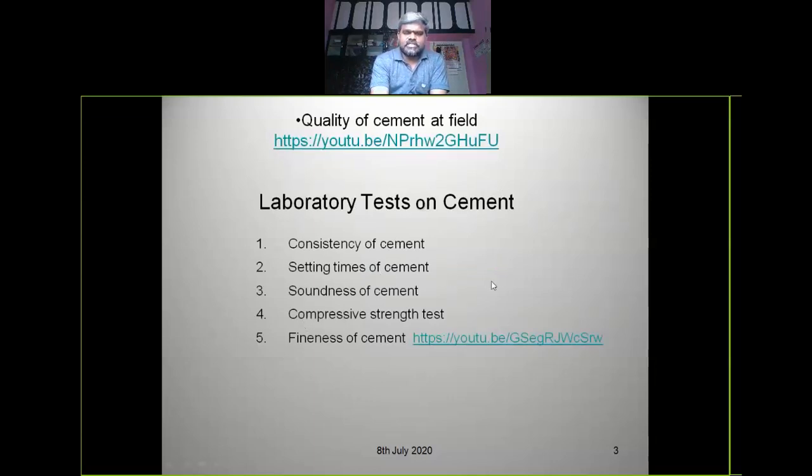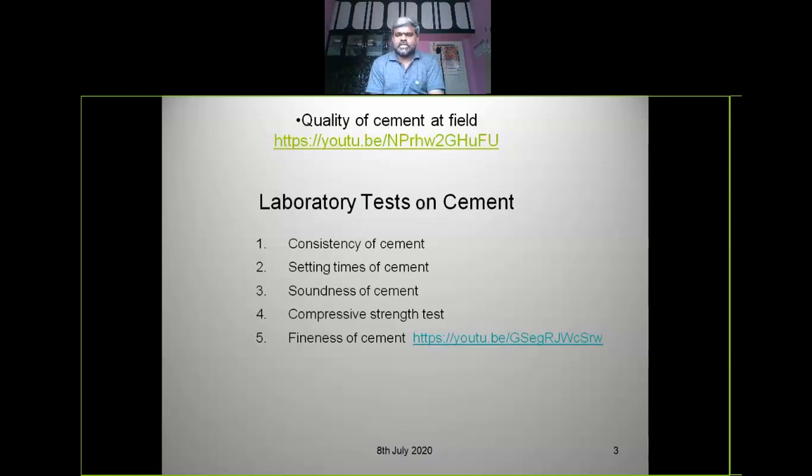These are all called laboratory tests. So let us see a small video regarding field tests which are conducted on cement. How can we judge whether the cement received is good quality or bad quality? Generally, you can judge without opening the bag.